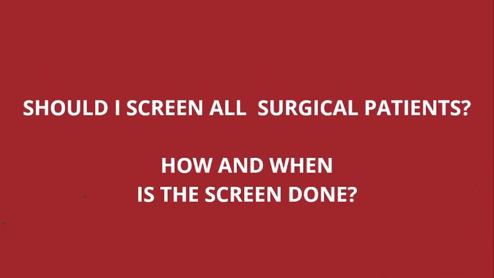So, in the context of surgical patients, especially in elective procedures, the golden question is: should I screen all surgical patients? How is the screening done? We're going to talk about some guidelines, and I mean, there are suggestions about how to screen these patients, and of course you will individualize your practice for your patients.